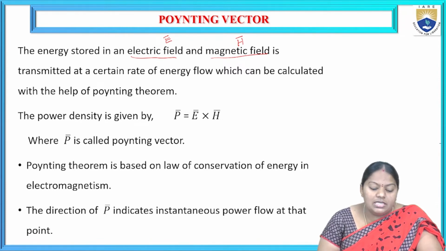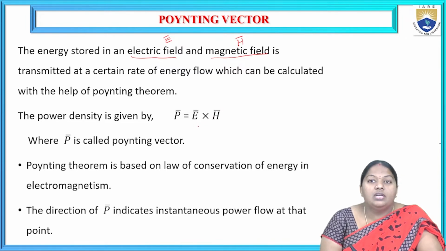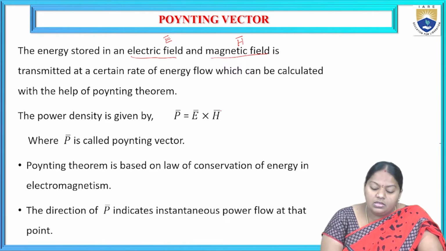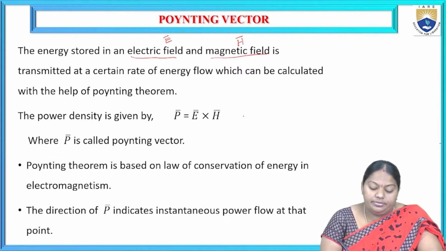So the power density is given by P bar equal to the cross product of E bar and H bar, where E bar is the electric field intensity vector and H bar is the magnetic field intensity vector.